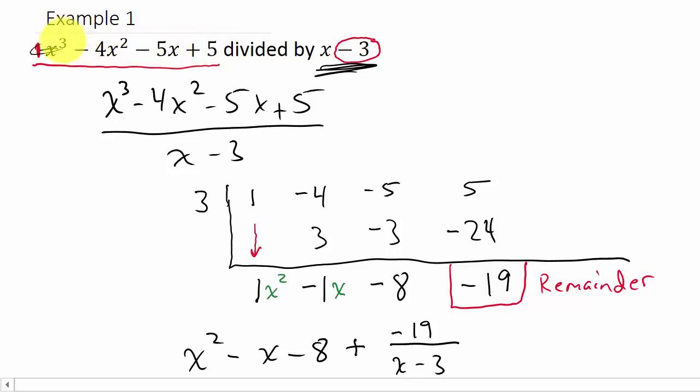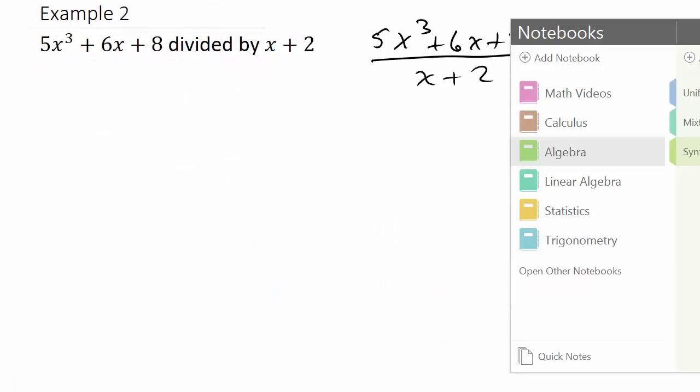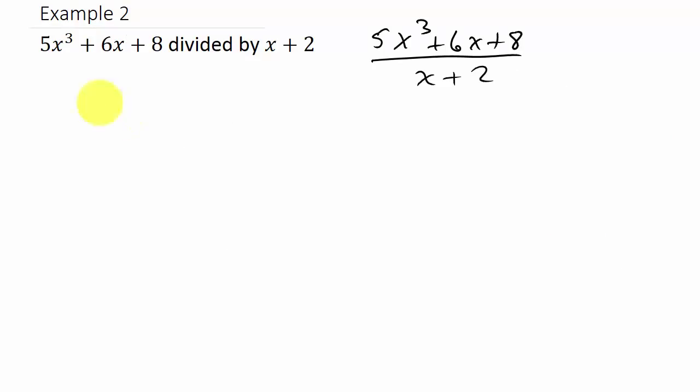The exponent's a 3, the exponent's a 2, the exponent's a 1, and then we have our constant term. Another thing that I didn't mention is to make sure this polynomial is written in descending powers, so you have the largest exponent first, then the next one, all the way down to your constant term. Let's go back to example 2.